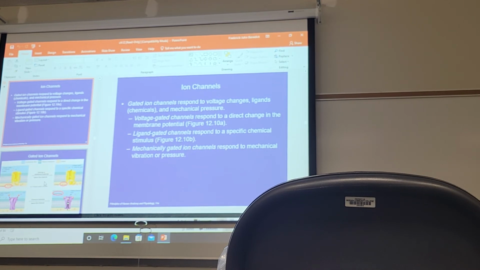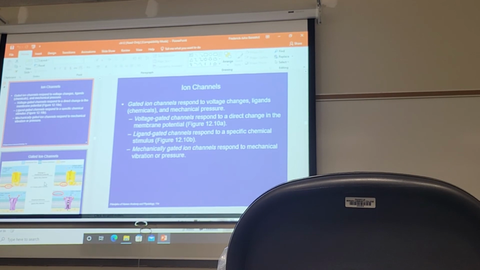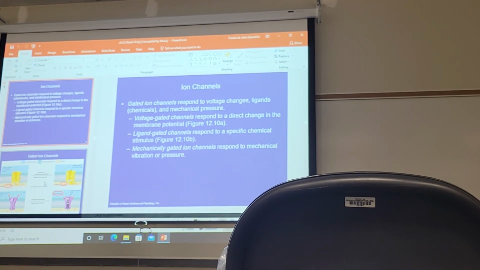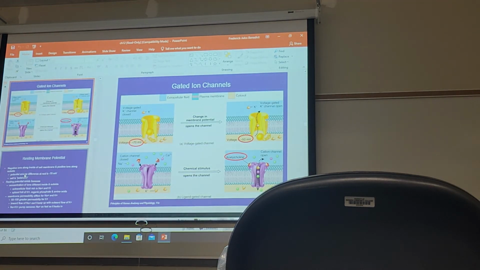We also have mechanical gated channels. This is where you may have a response because of some sort of vibration, a mechanical occurrence, let's say a sharp object hitting nearby and it triggers it. So we have all these different types of channels that could trigger a neuron. Here are examples visually.